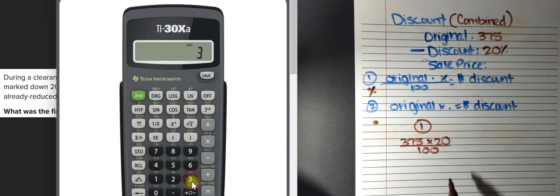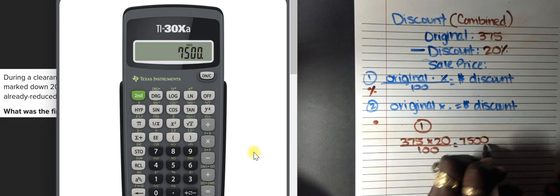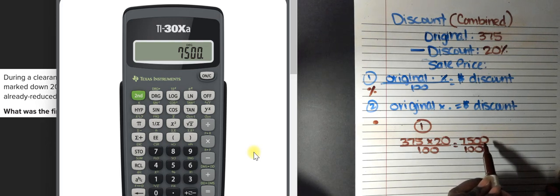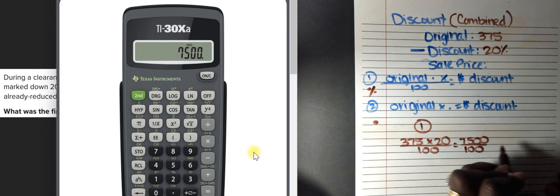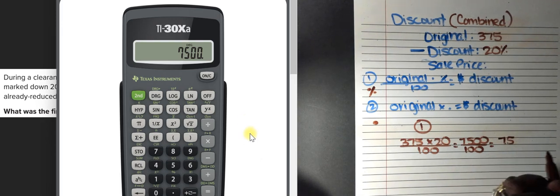So 375 times 20 gives me 7,500 divided by 100. And remember, if we're dividing by 100, that's just dividing by tens two times. So that's going to end up giving me 75. Okay. So if we divide that by 100, that gives me 75.